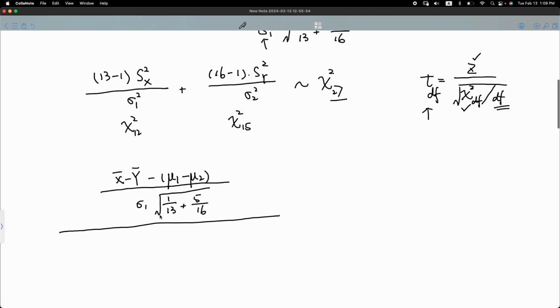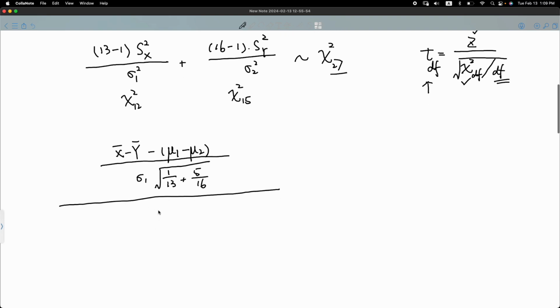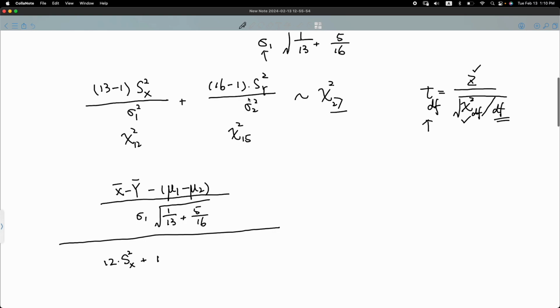Okay, so for the chi-square, we just have 12 multiplied by the sample variance for x plus... okay, so maybe let me simplify this sigma 2 before we talk about the denominator.